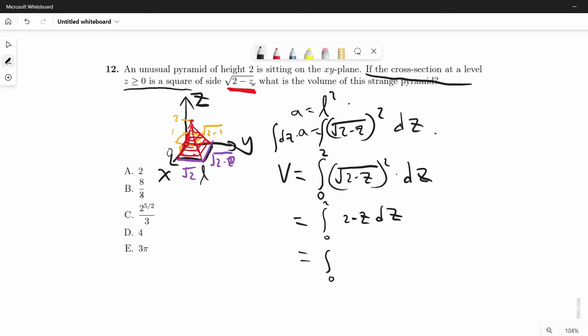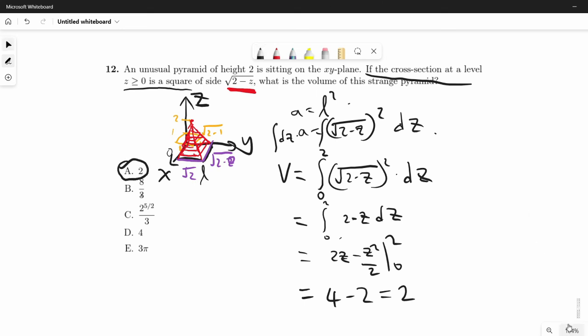Simple integral. So 2z minus z squared over 2, evaluated from 0 to 2. Then 2 times 2 is 4, minus 4 over 2 is 2, minus 0 plus 0. Then we have the final answer as being 2.